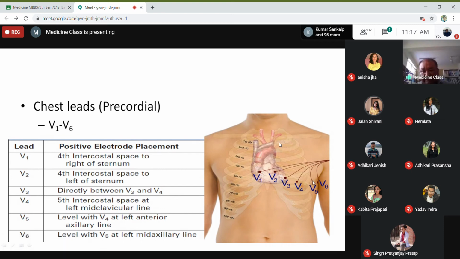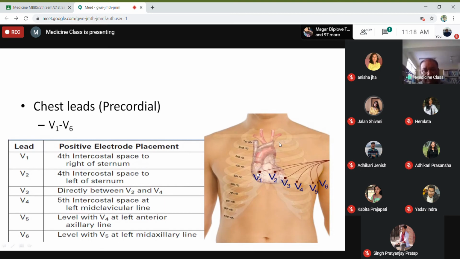V5 is on the fifth intercostal space, but on the anterior axillary line, at the same level, and at the mid-axillary line we put V6. So V1, V2, V3, V4, V5, and V6. This is the normal position of the chest leads.